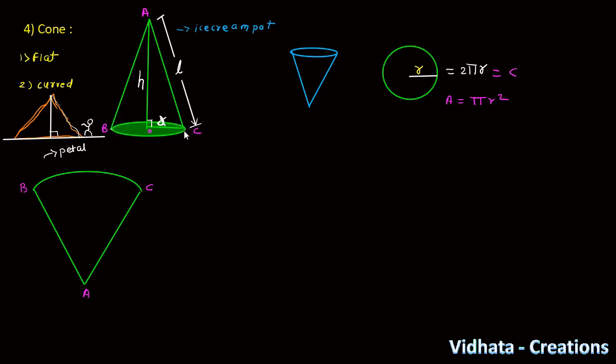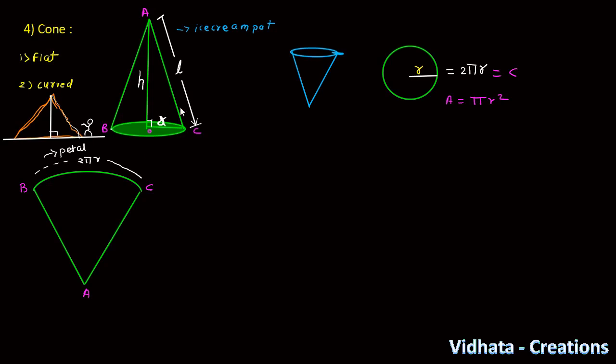This total circle, from here we have cut, and this length is equal to the circumference of the circle. That length, where we get here, is equal to 2 pi r. After flattening it, this length is 2 pi r.